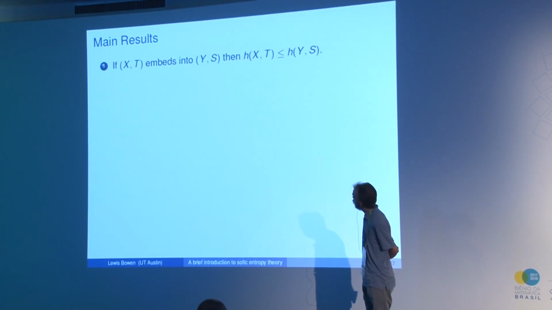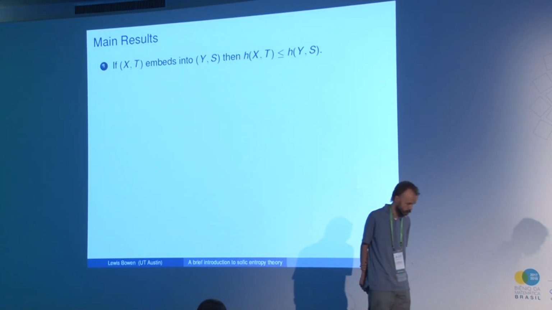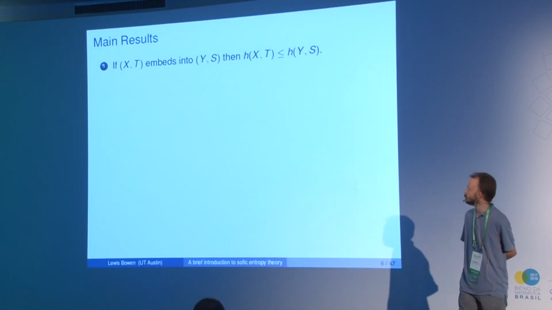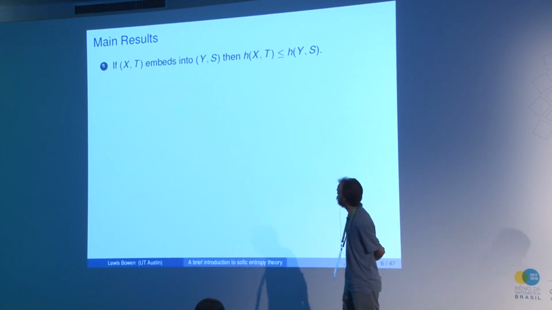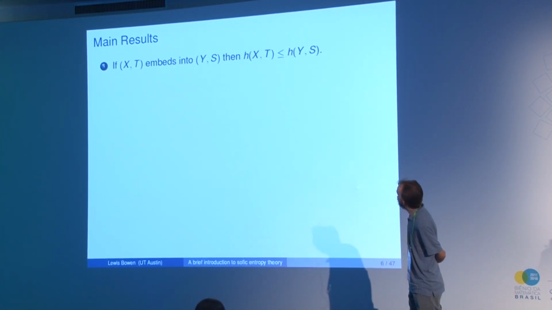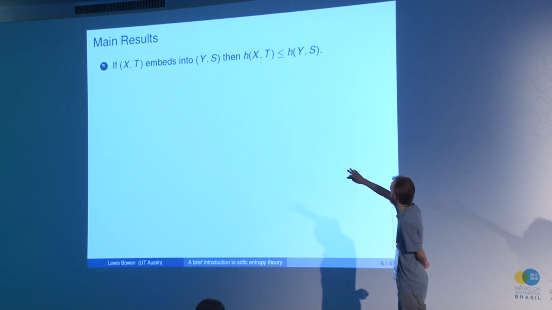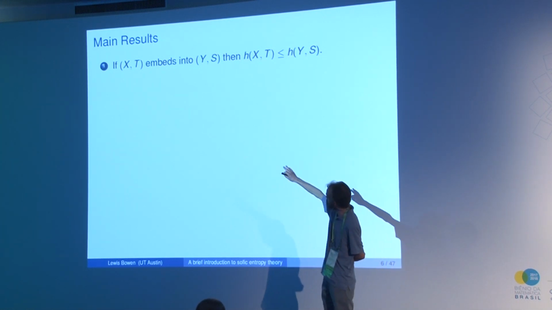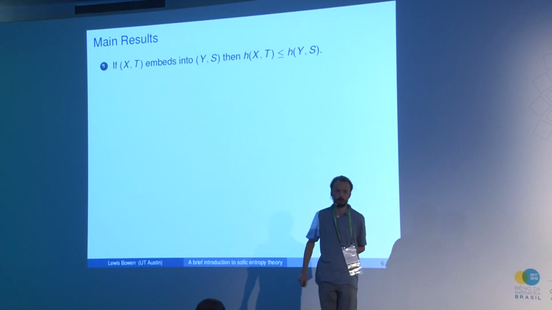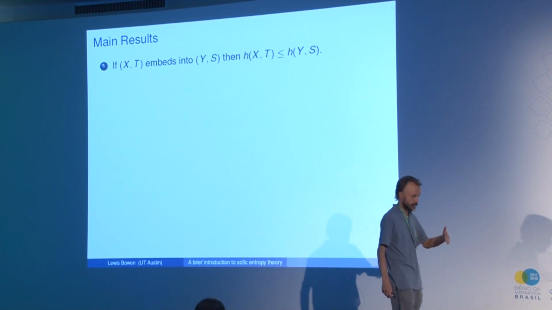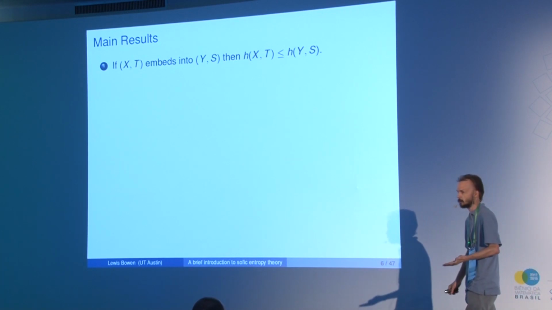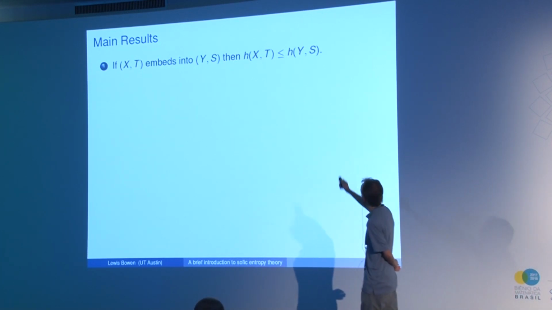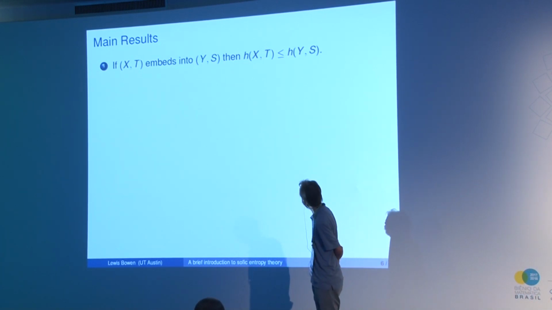Okay. Now, these are some main results. This is all very standard, by the way. This is like Dynamics 101. Okay, so if we have one system that embeds into another, so if X can be realized as a subset of Y, so that T is just the restriction of S to X, then the entropy is monotone.